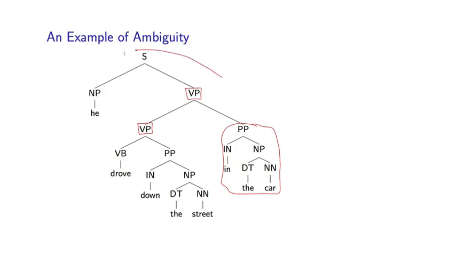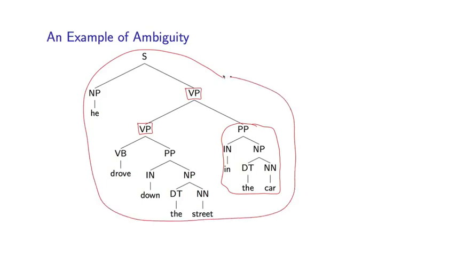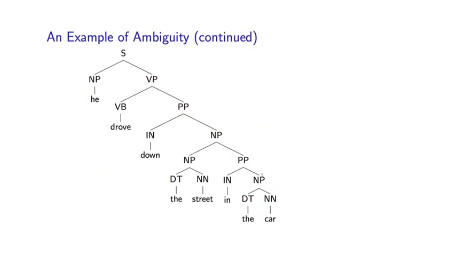So under this parse tree, in the car is modifying this entire verb phrase, down the street. And this basically corresponds to by far the most likely interpretation, which is that I'm doing the driving in the car. Let's look at the second parse tree, though. In this case, we have in the car modifying street.